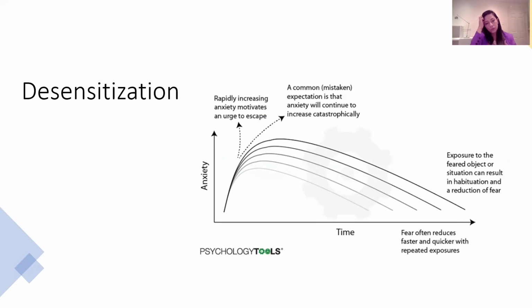And so really through desensitization, anxiety will decrease over time. It will decrease this fear through repeated exposure. So anxiety is high the first time that you engage in this experiment, but by engaging in repetition, the anxiety really decreases over time.